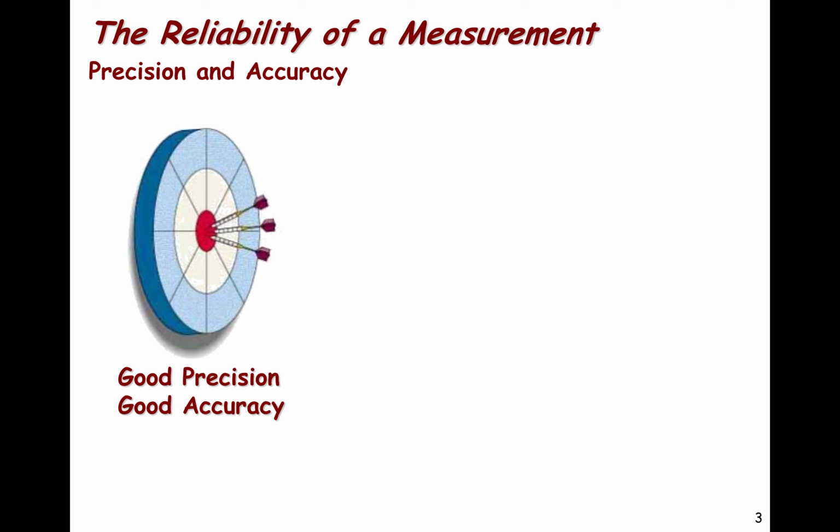A commonly used example of this is shown here, where 3 darts have been thrown at a target. In the first example here, all 3 darts come very close to the center of the bullseye. The average of all of those 3 darts is very close to the desired value, so this is very accurate.